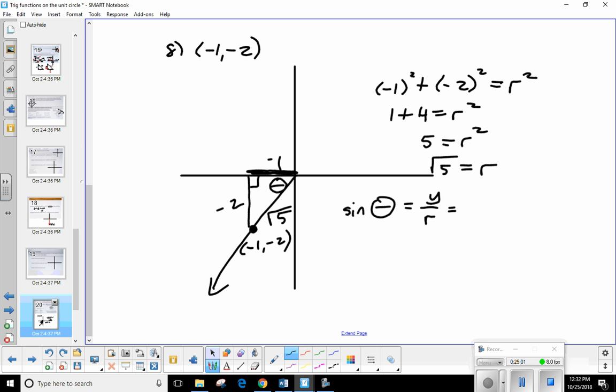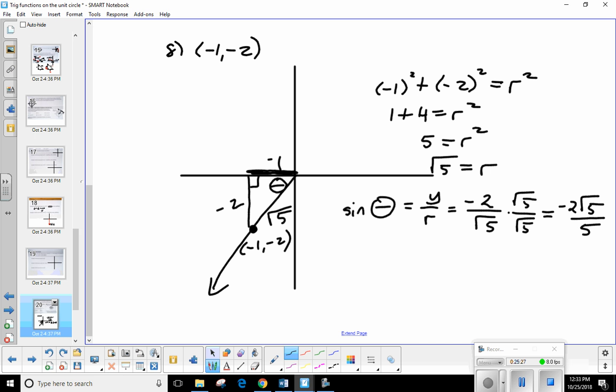What was the y value we had? -2. Remember, that's my vertical. So -2 over, we found the radius to be the square root of 5. Is there anything I've got to do to this? I've got to rationalize it. So square root of 5, square root of 5. So what's my answer?